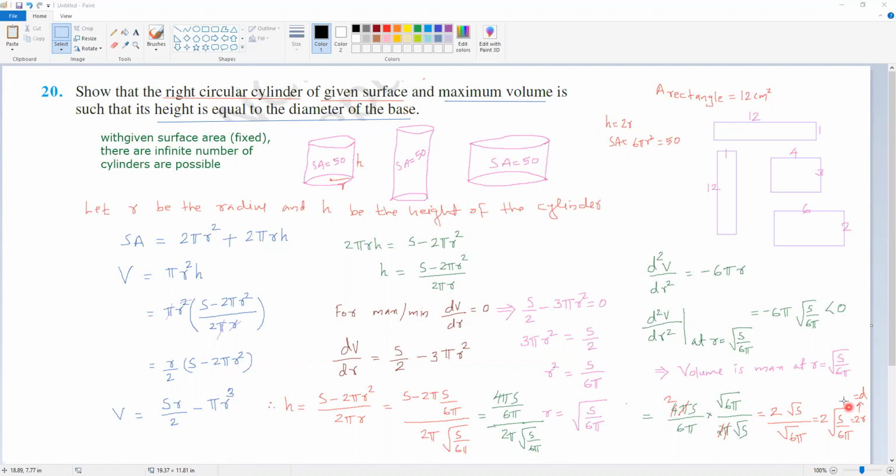It is a particular case, just when h is equal to 2r, at that time the volume becomes maximum. When the height is equal to the diameter, the volume becomes maximum, that is the case.